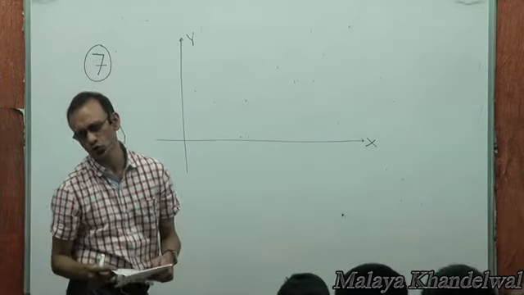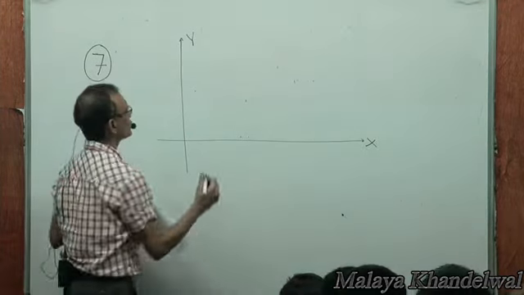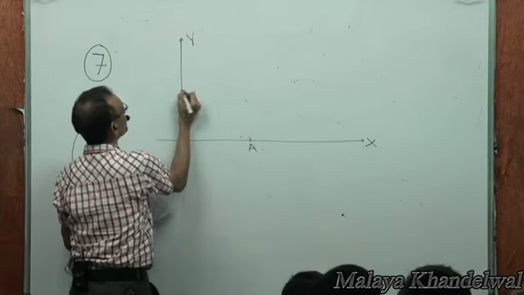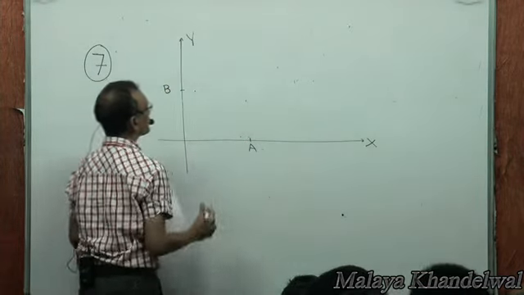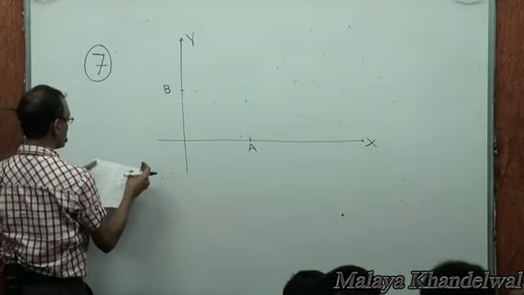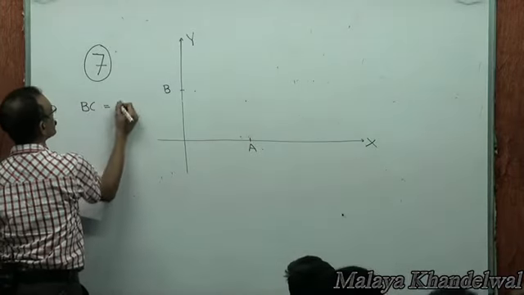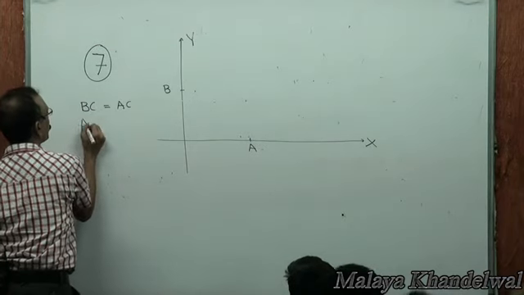Let's assume for definiteness it is in the first quadrant. Say A, B here, and C is a point such that BC is AC, and ABC is a right angle.